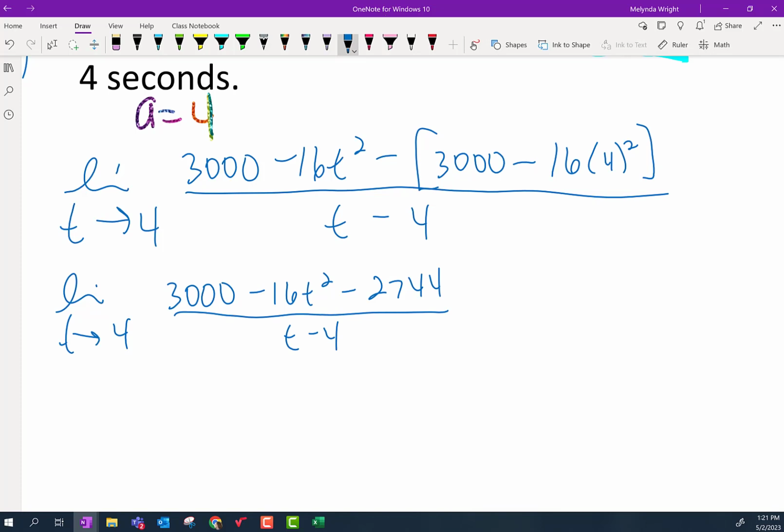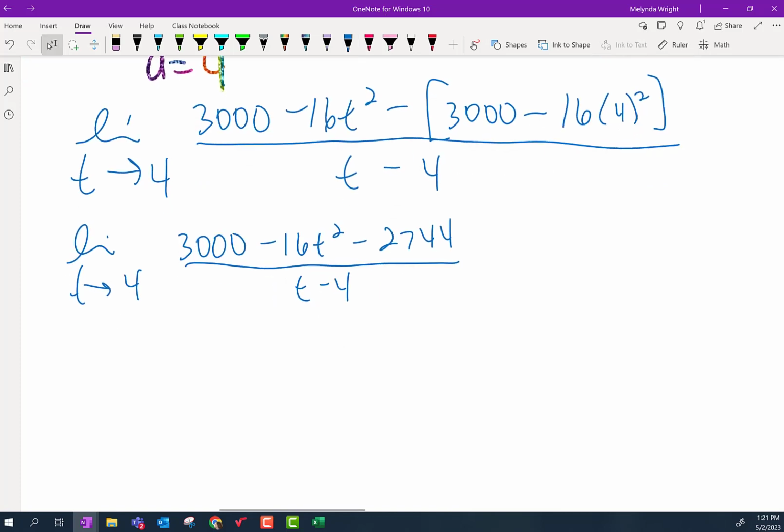Okay, we still need to do some more arithmetic. We need to do 3,000 minus 2744. Okay, we can do that. So the limit as t goes to 4 gives us negative 16t squared plus 256 over t minus 4. Now, if I plug a 4 in, I'm going to get 0 over 0.